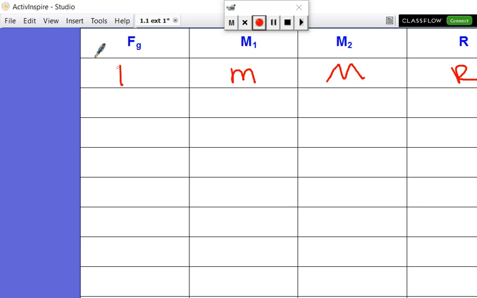Let's say in this scenario the force is just F. What happens if one doubles the first mass and keeps everything else the same?